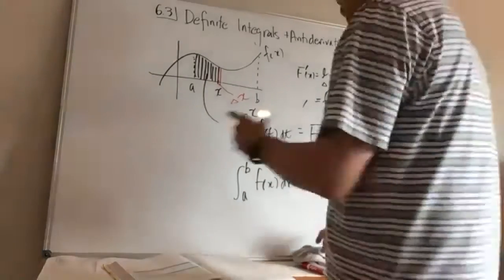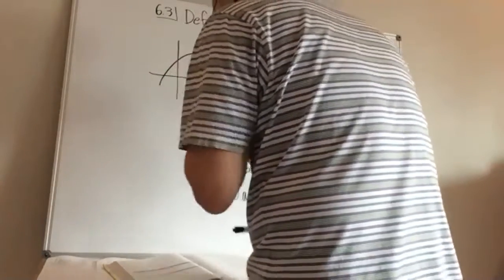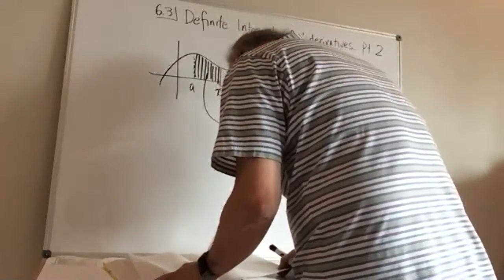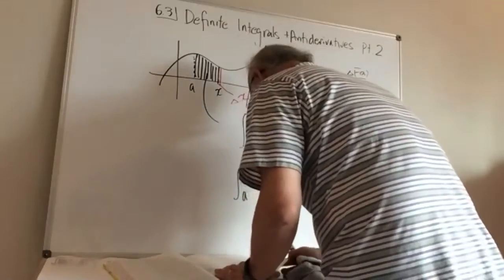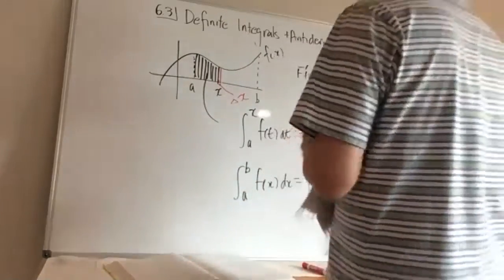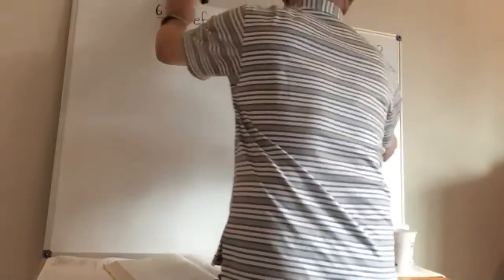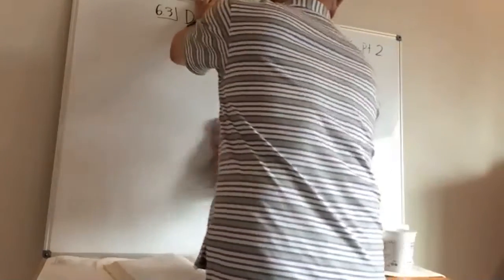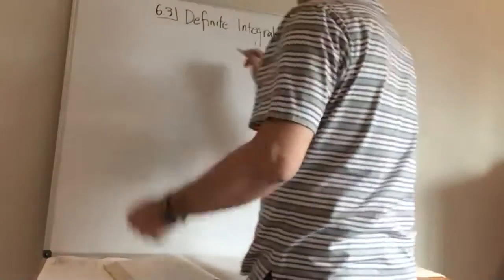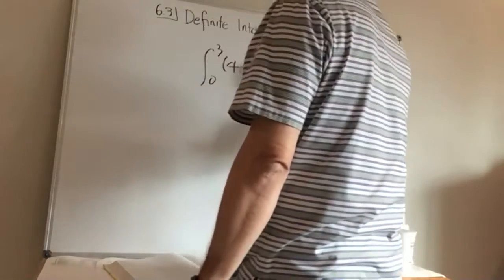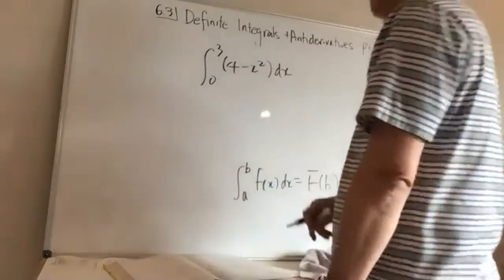Okay, so given that, let's go back to page 295. There was an example there that we didn't know how to do, so we had to use the fnInt. We were trying to find the integral from 0 to 3 of 4 minus x squared dx.